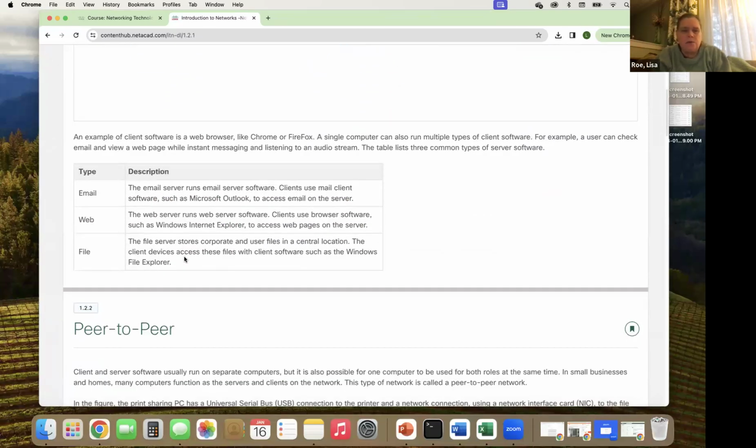And what kind of things do hosts do? Well, some of the common ones are email, web, and file. So email is obviously being able to receive your email, and you can get those from a server, and then accessing web pages through your browser, and then creating and storing files. And with the network, what comes in with the files is you're not going to store your file necessarily to your local computer, but you would save it somewhere else. So, for instance, let's say you work on a Packet Tracer or create notes or a Word doc, and you want to save it up to your OneDrive, right?